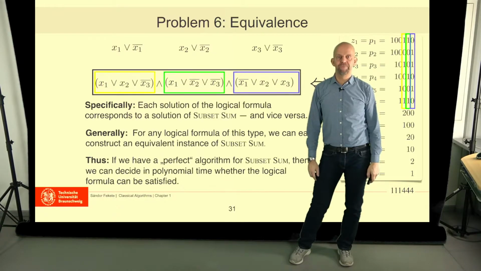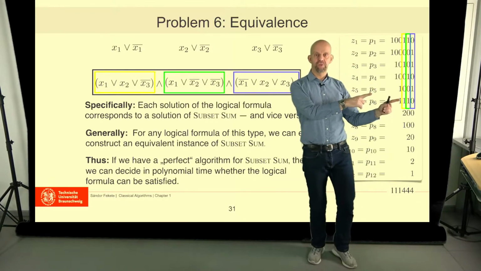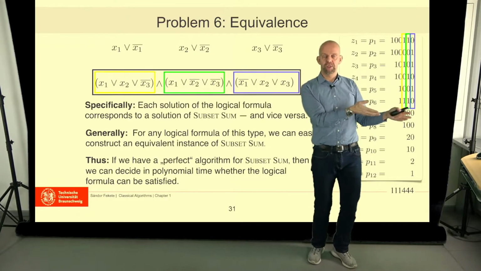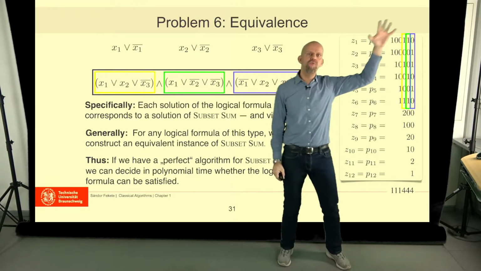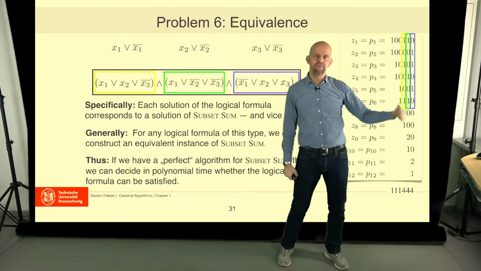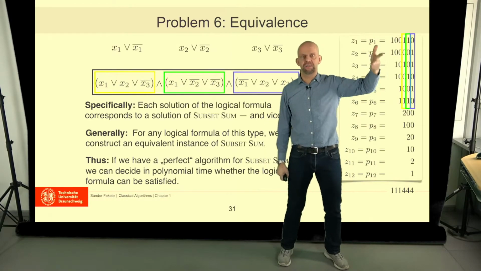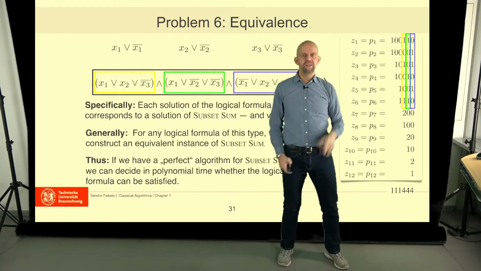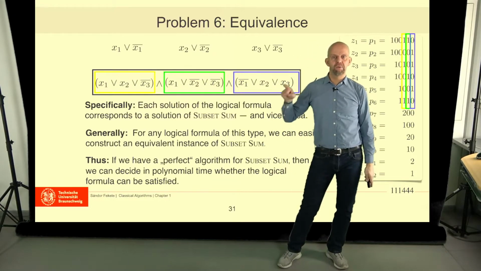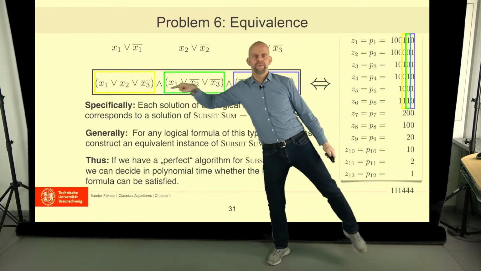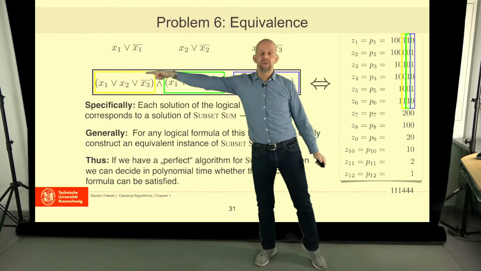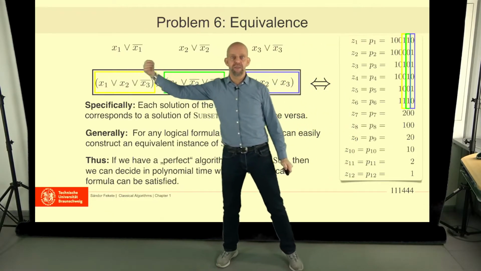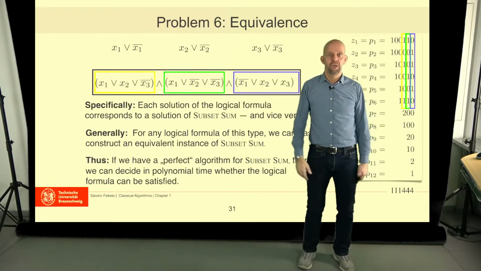If we have, for the numbers, for subset sum, for knapsack, for which subset sum is a special case, if you have a really nice algorithm, an algorithm that's always fast and finds the optimal solution, then you can turn that into an algorithm that solves the decision problem of whether you can satisfy these logical conditions.